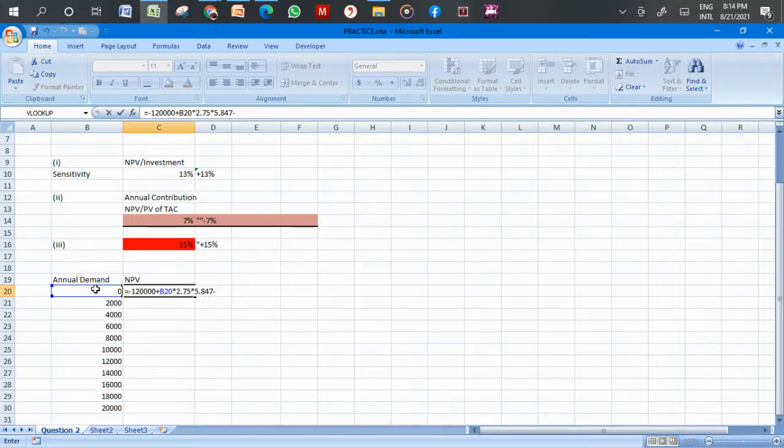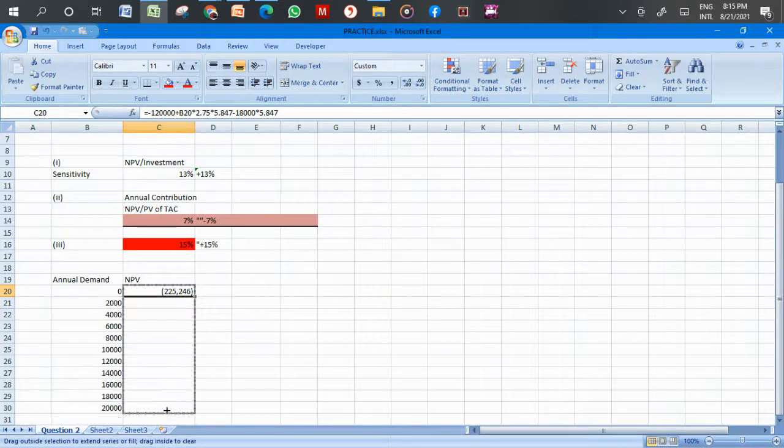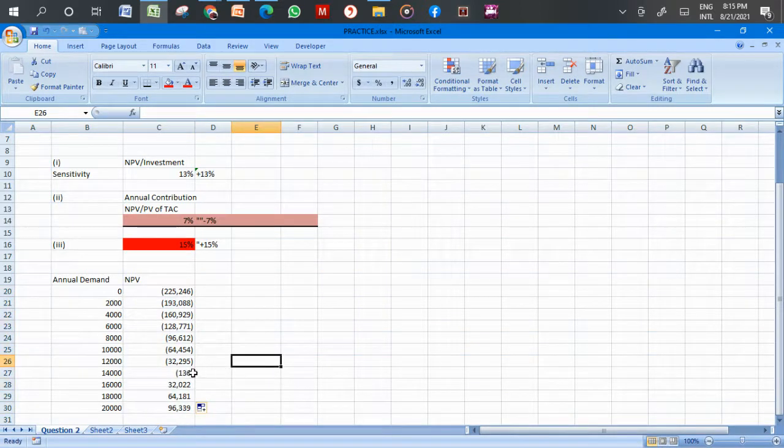Then we deduct 18,000, which is fixed costs, multiplied by again the present value of the annuity. So if we don't produce anything, this will be the net present value. In that case, we can just drag the formula down.